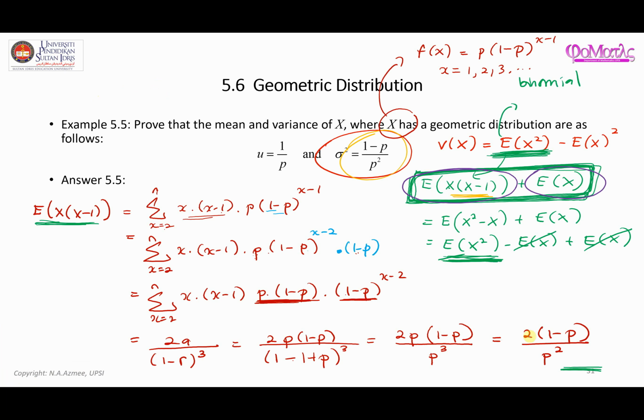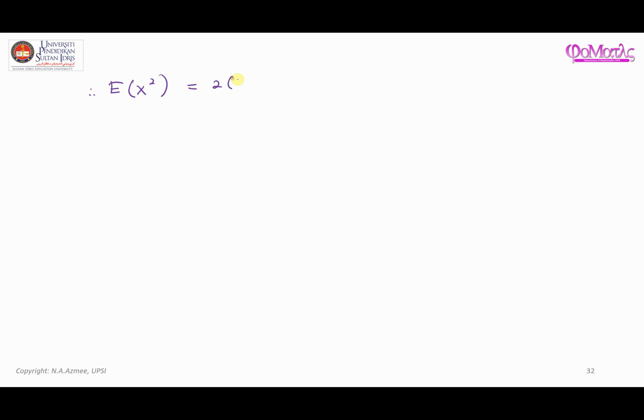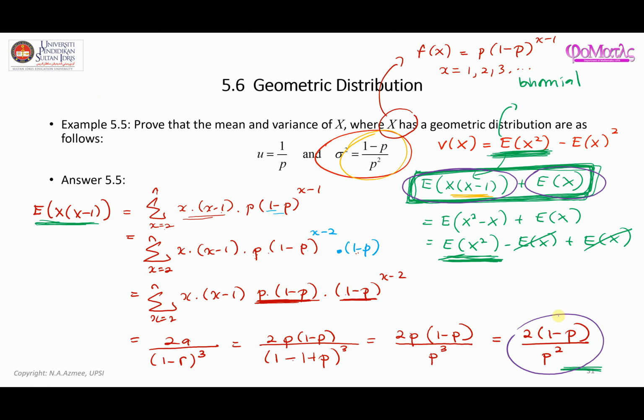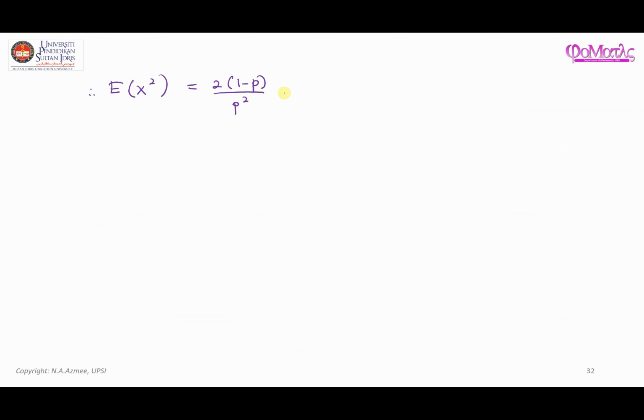So this is going to be this guy. Okay, I'm going to write down this guy, (1 minus p) squared, plus E[X]. E[X] is 1 over p, and I've already shown how you can get 1 over p in the previous video, so I'm just going to use the result here. The expected value of X is 1 over p, plus 1 over p. So that is E[X squared].